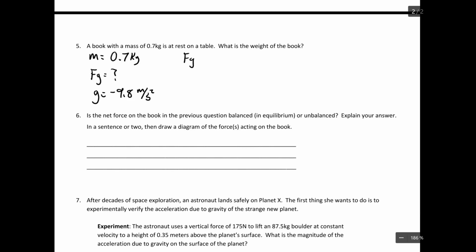So Fg is equal to mg. Fg is equal to 0.7 times negative 9.8. Fg is equal to negative 6.86 or negative 6.9 newtons.